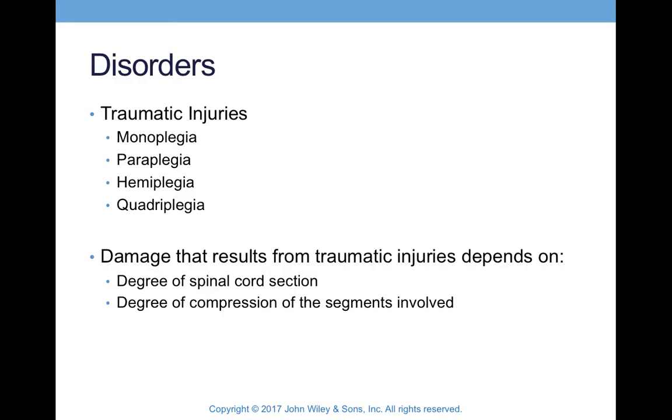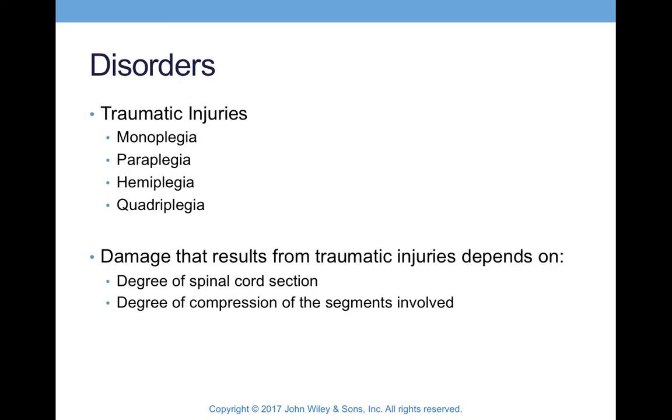Lesser effects can include incomplete paralysis to loss of sensation and motor function. Spinal shock often occurs immediately after a traumatic injury and is associated with swelling. And so that's oftentimes why we will administer corticosteroids, because we can reduce that swelling and hopefully reduce the degree of compression on the segments involved.